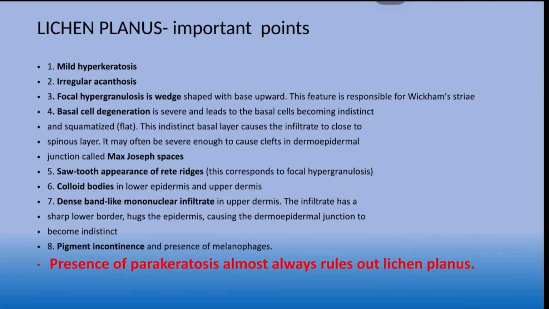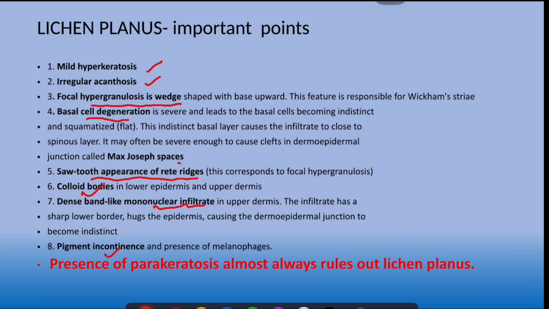So the important points of lichen planus are: mild hyperkeratosis, irregular acanthosis, focal or wedge-shaped hypergranulosis, basal cell degeneration, sometimes Max Joseph space, sawtooth appearance of rete ridges, colloid bodies, dense band-like mononuclear infiltrate, and pigment incontinence.